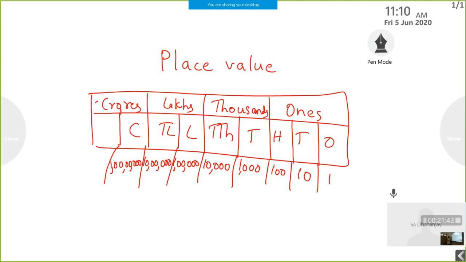Now, if we have a number, I'll give an example, 2,346. It's a 4-digit number.